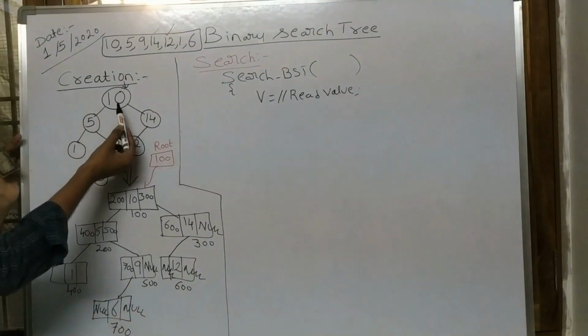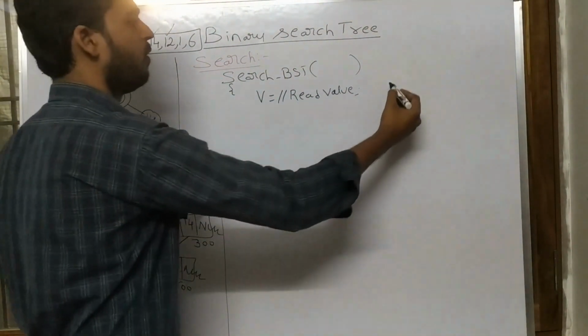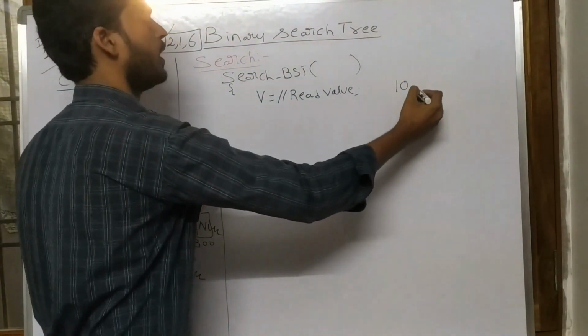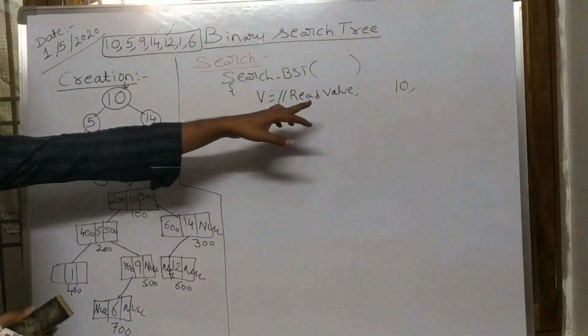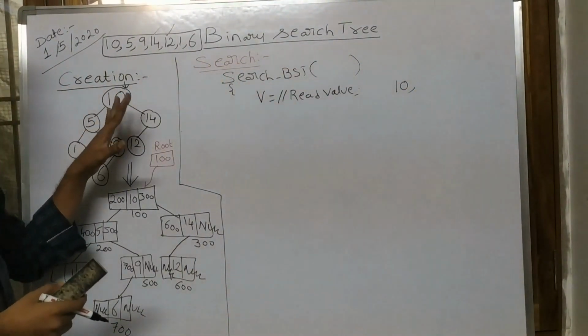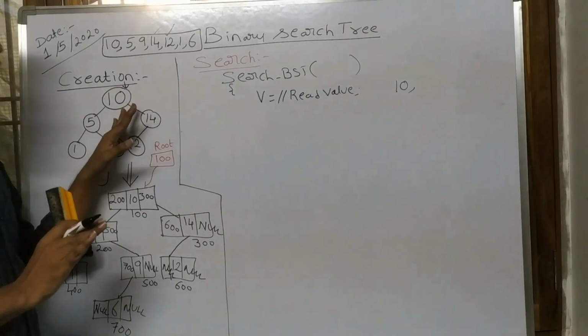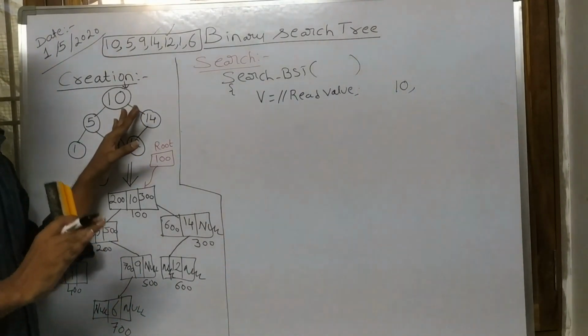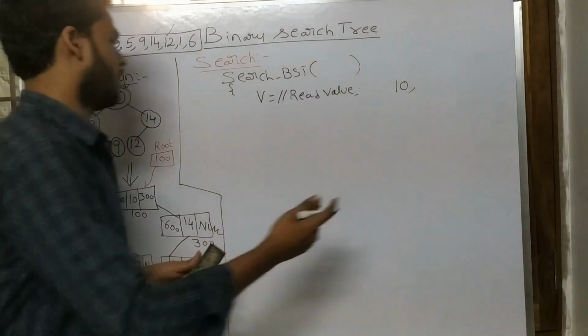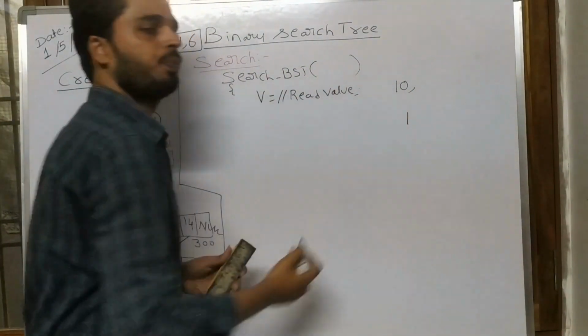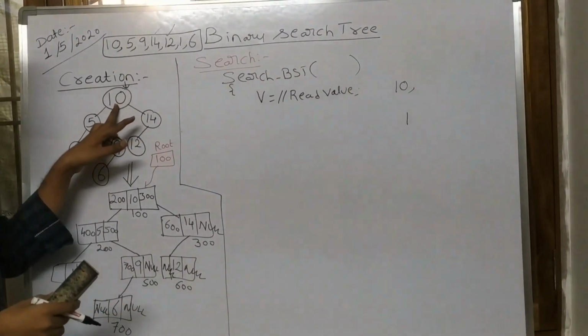For example, I have read the value 10. Whether that 10 is equal to 10, yes. When it is successful, we need to stop the process and say that the search is successful. If I got a value 1, and it is not matched with the root node, then what?